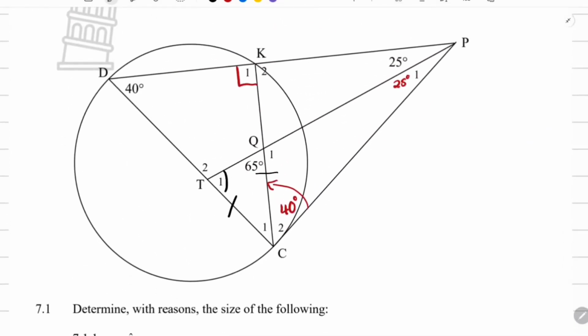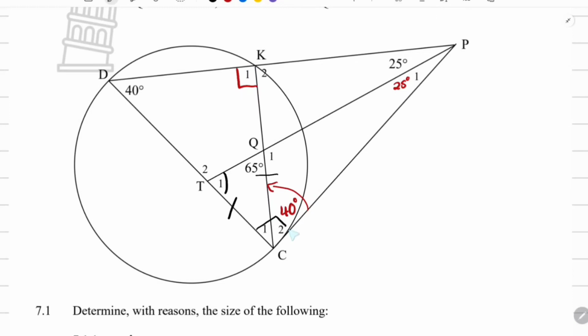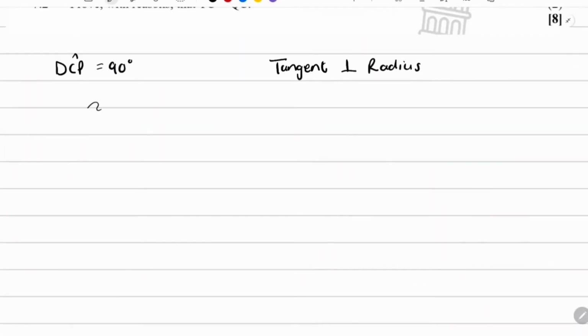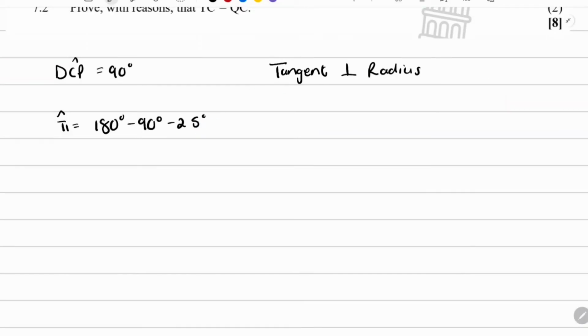And then now that we know that this is 90 degrees, what we're going to do here is use this full triangle now, okay? So the sum of angles in a triangle gives us 180 degrees. So that's angle T1 plus that 90 degrees. So I can just say that we will find angle T1 by saying 180 degrees minus our 90 degrees, minus our 25 degrees, okay?